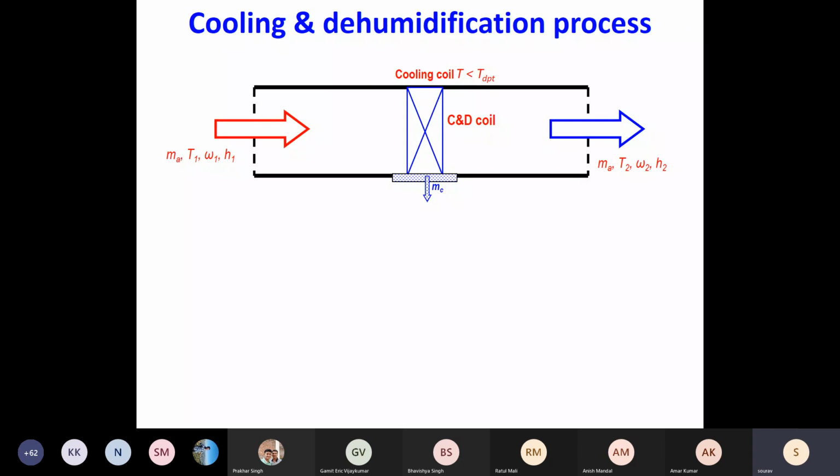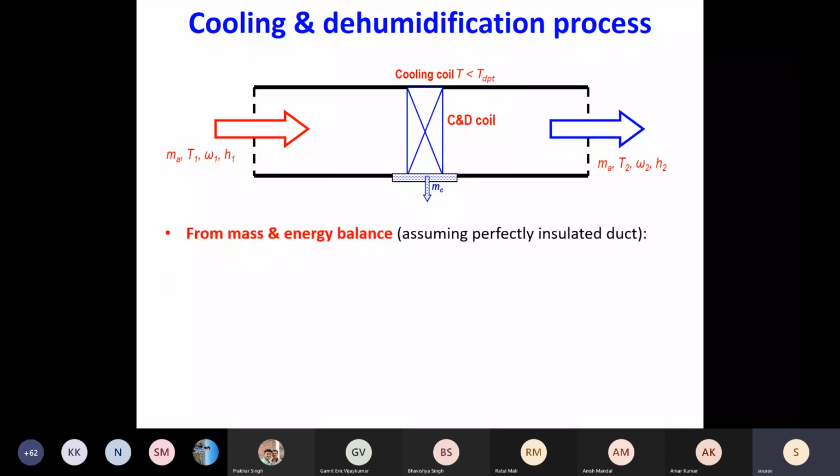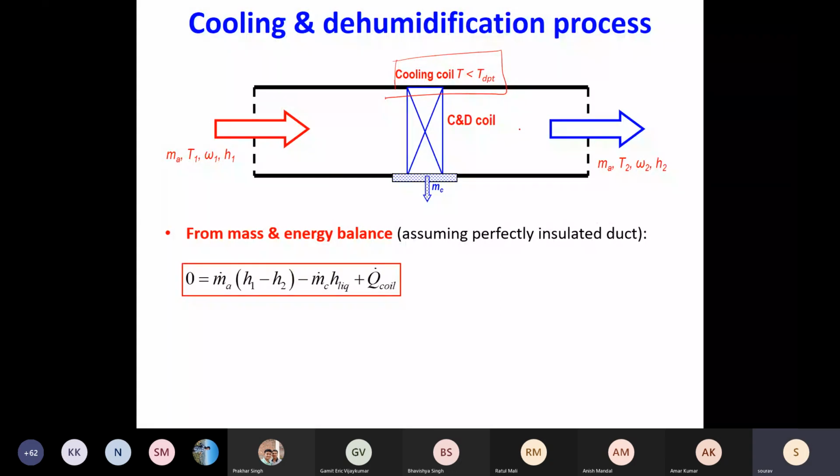So the next process is what I was just now discussing, the cooling and dehumidification process. Again, you require just a cooling coil, but now it has to have a temperature lower than the dew point temperature. Over here also you apply the first law.